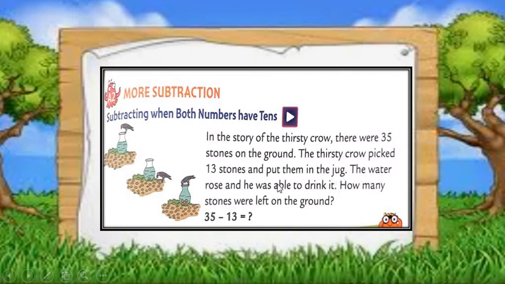The water rose and he was able to drink it. In this third image you can see that the level of water increases so that the crow was able to drink the water.